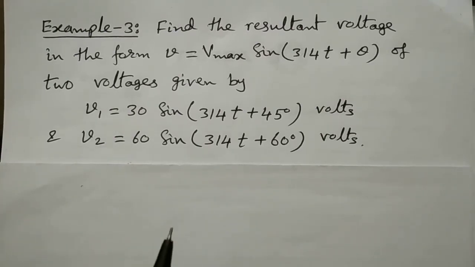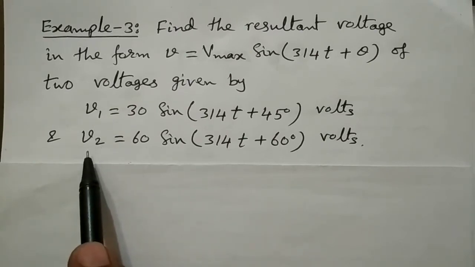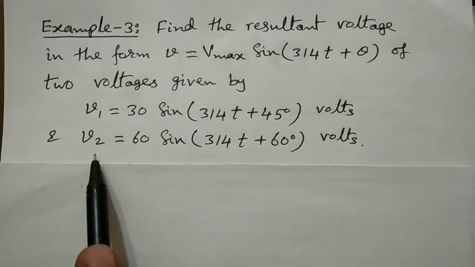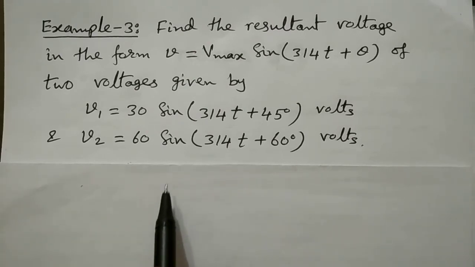Here we can use any method, either the trigonometrical identities or the phasor concept. It is basically preferred to use the phasor concept, where we first draw the phasor diagram of these two voltages. Then we resolve the x and y components of each phasor.